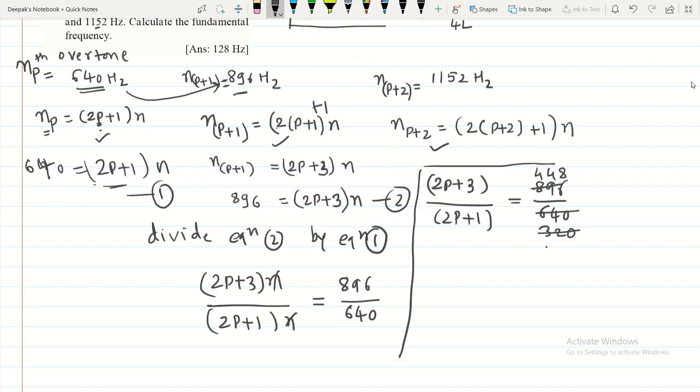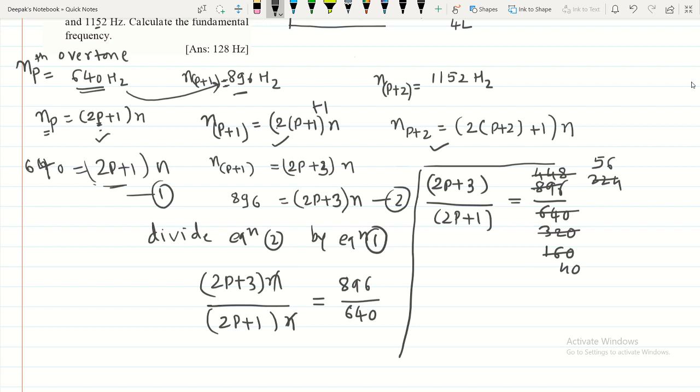Again 2 1s are 2, then 1 remains, 2 6s are 12, then again 2 2s are 4, right? So still 4 4s are 16, 40 5s are 200, and what will remain? 4 5s are 20, and 4 will remain over there. So 4 6s are 24, so 56 divided by 40.